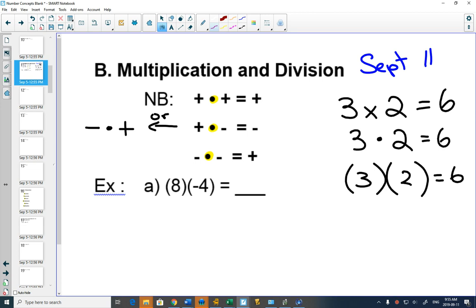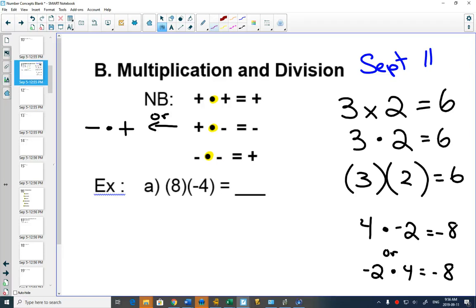So for example, if I have 4 times negative 2, or negative 2 times 4, my answer will be negative as well. Have you heard that before? A positive times a negative is a negative.